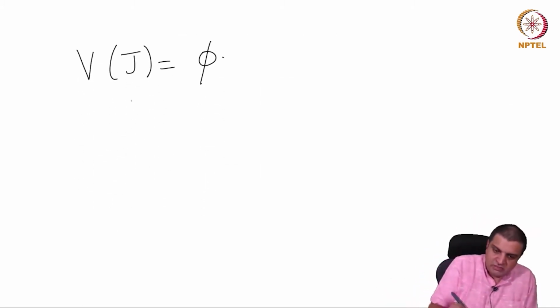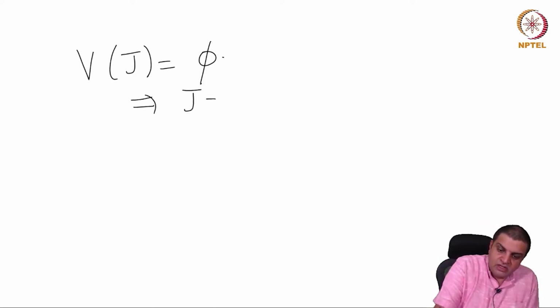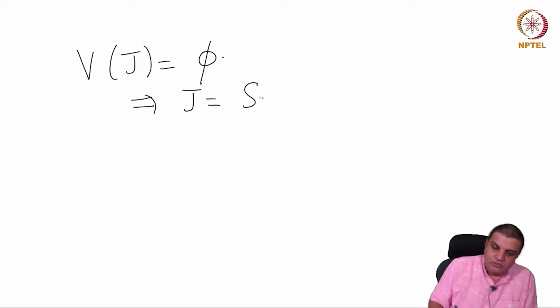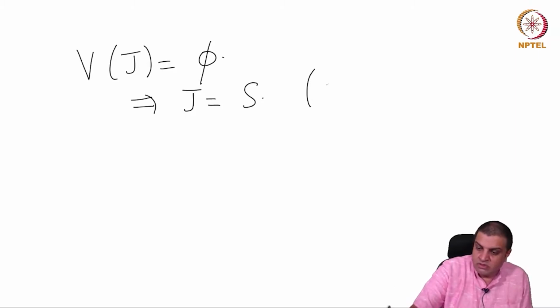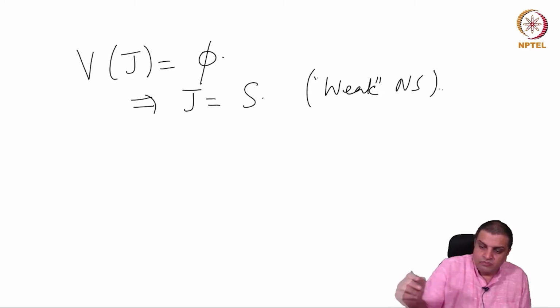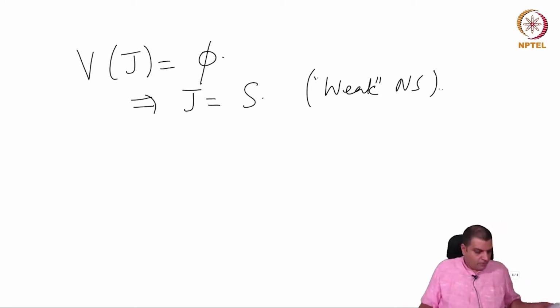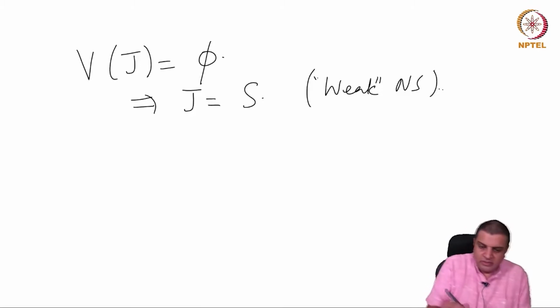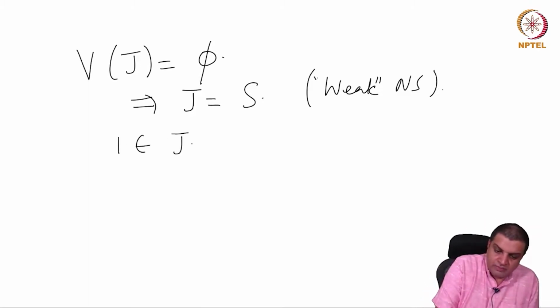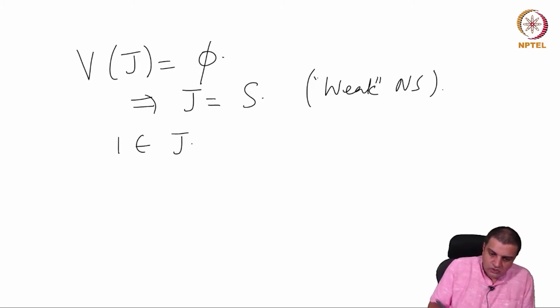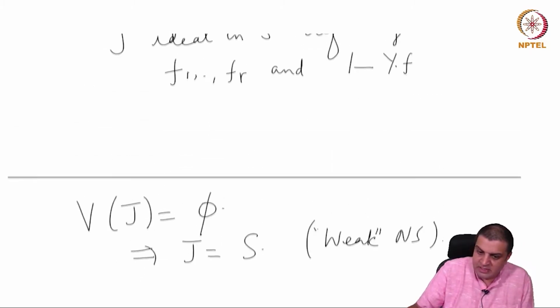So we have V of J is empty, which means that J is S. This is what we call the weak Nullstellensatz. So in other words, 1 belongs to J. So we can write 1 in terms of these elements.